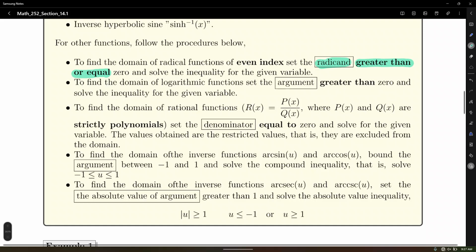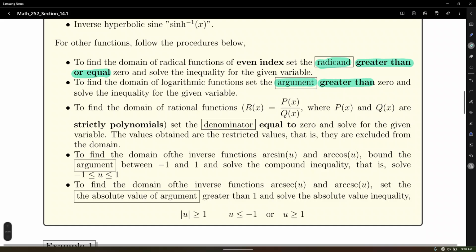The process to find the domain is similar to that of the radical of even index, except that we set what we call the argument, not the radicand. The radicand is the expression inside of the radical. The argument is the expression inside the logarithm. We set it greater than 0 only, not greater than or equal, and solve the inequality for the given variable.